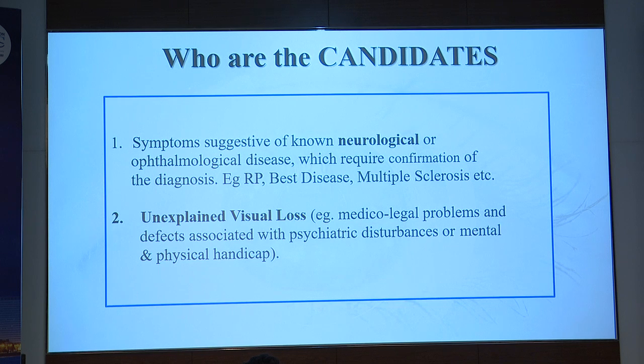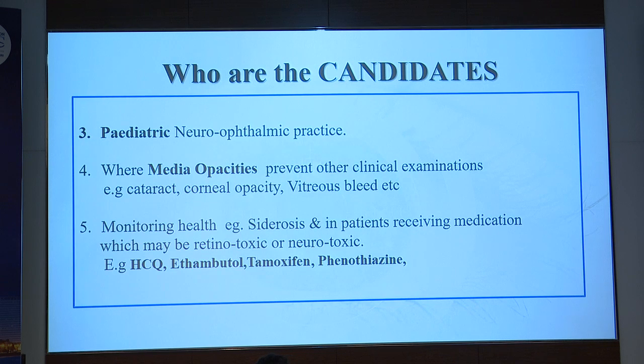When the symptoms are suggestive of known neurological or ophthalmological disease which require confirmation of the diagnosis, like RP, Best disease, multiple sclerosis, etc. When there is an unexplained visual loss, like in medico-legal problems and defects associated with psychiatric disturbances or mental and physical handicap.